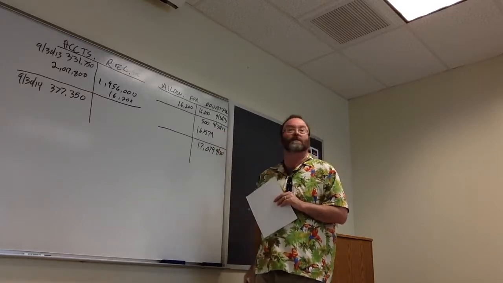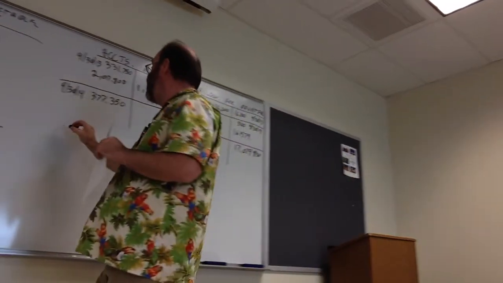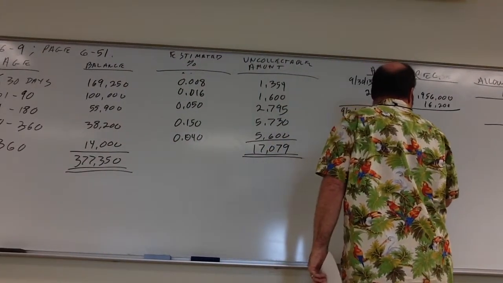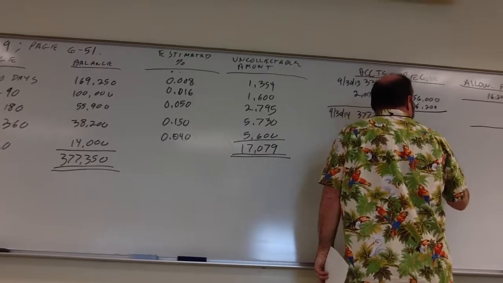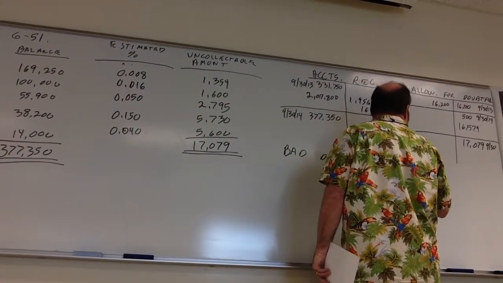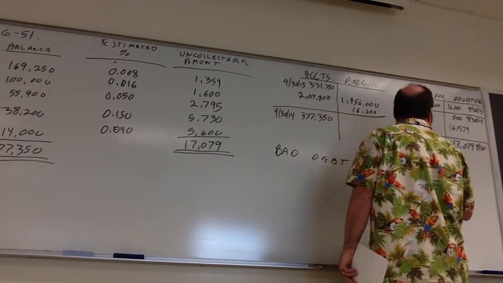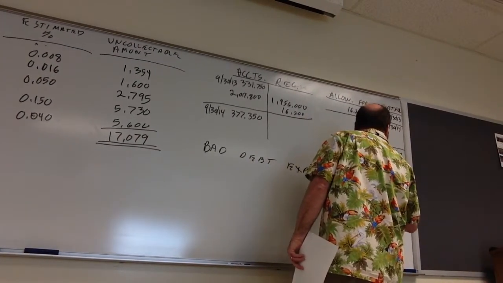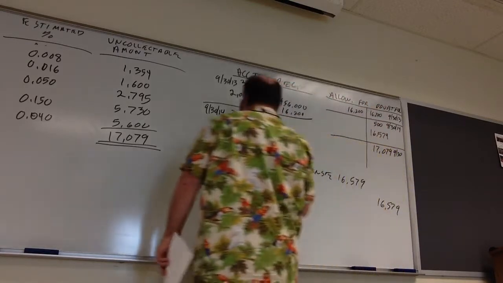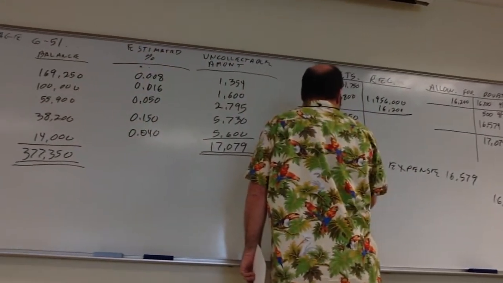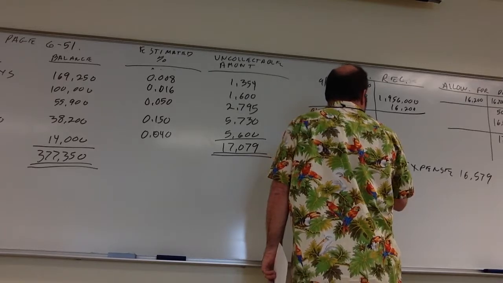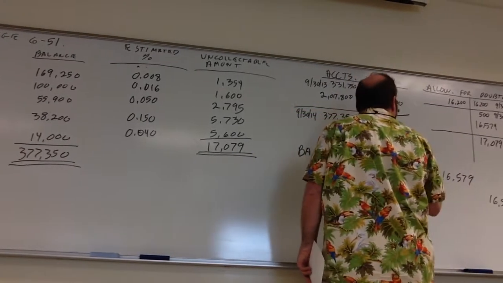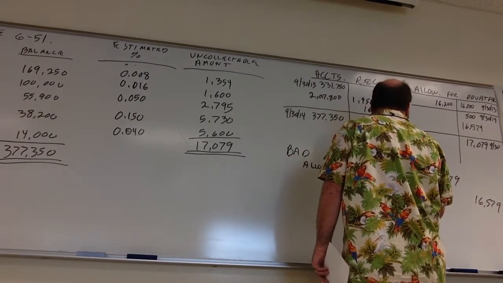So a debit to bad debt for $16,579 and a credit to the allowance for bad debts, for uncollectible accounts, doubtful accounts.